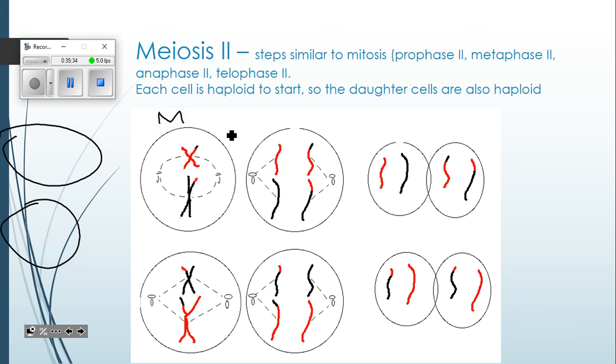The next pictures are anaphase, and you'll look and think, that looks exactly like mitosis. In anaphase of mitosis, the spindle fibers shorten and they pull the chromatids to opposite poles. If I was going to describe this, I wouldn't use any words that are different than how I described anaphase of mitosis. If I take a look at telophase, the same thing is true.